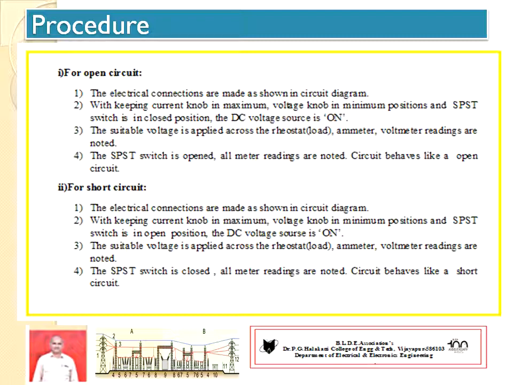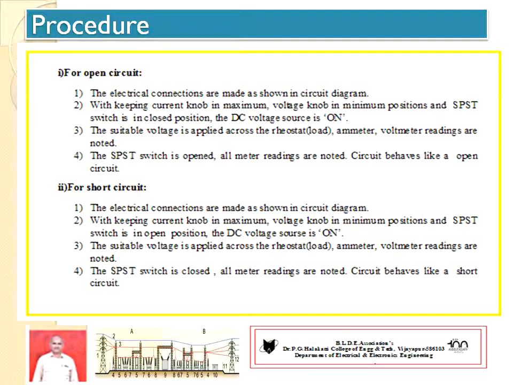Then similarly the procedure for short circuit. The electrical connections are made as shown in the circuit diagram. With the current knob position in maximum, voltage knob position in minimum, SPST switch in open position, the main supply switch, that is the DC voltage source, is switched on.